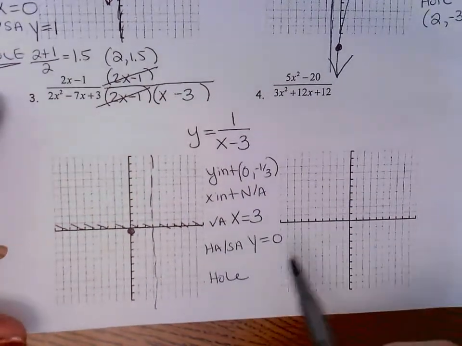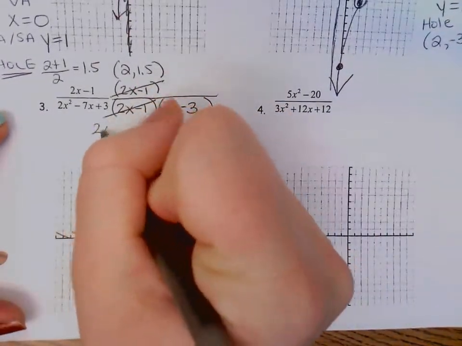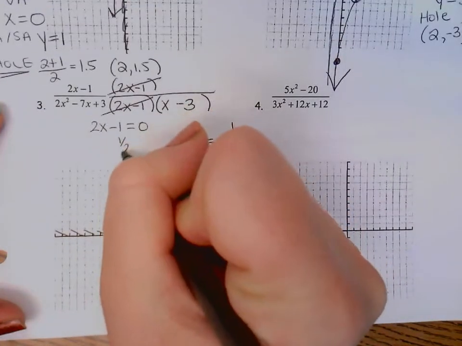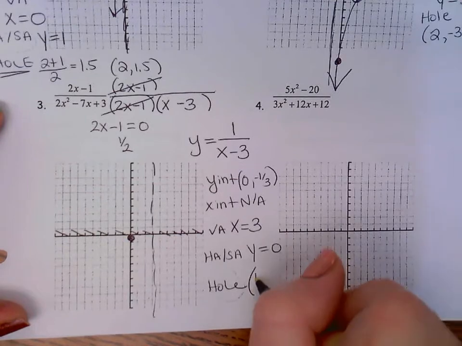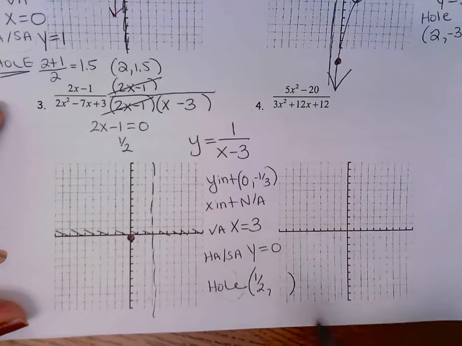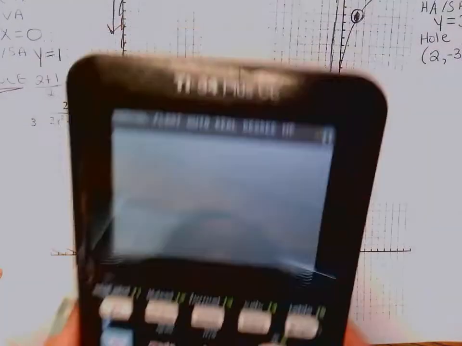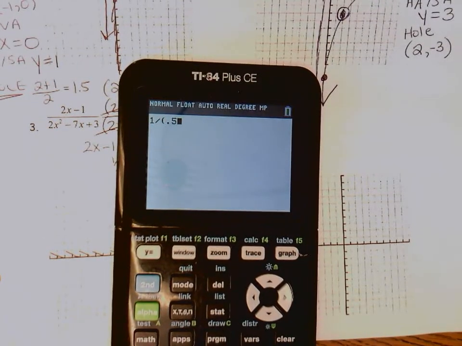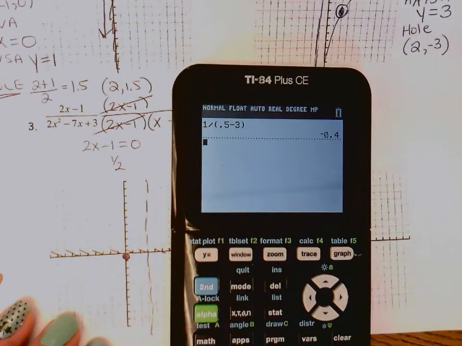And the hole, what did I cancel up here? Where will 2x minus 1 equal 0? Won't that be at positive 1/2? So my hole is at positive 1/2. What do I get when I plug in positive 1/2 there? Let's try it together. 1 divided by positive 1/2 minus 3, negative 0.4.